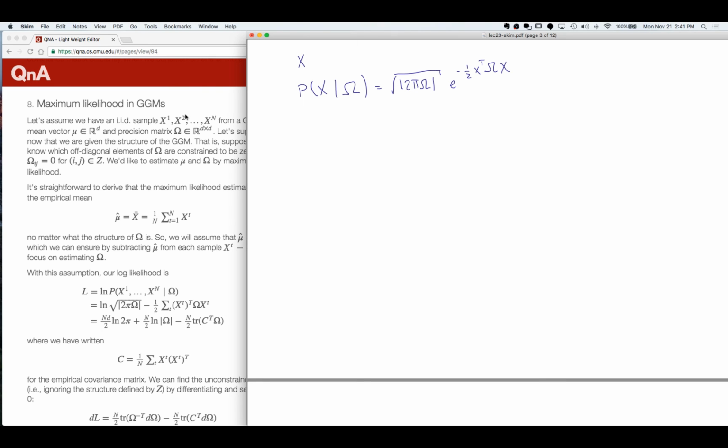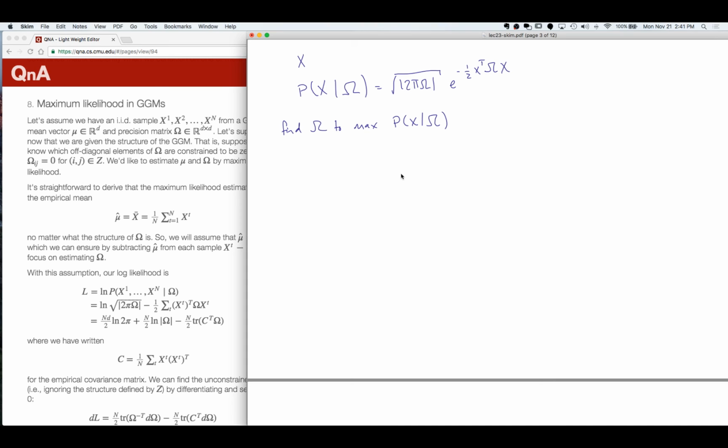And so what we want to do is find omega to maximize p of x given omega.